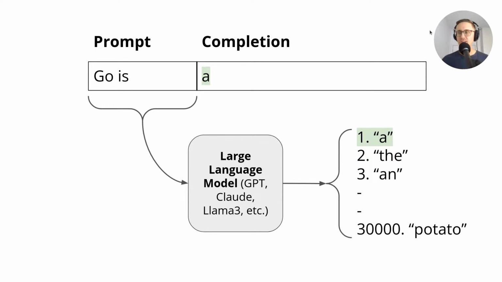So the model is taking those first two words, Go is, and it's computing a probability for every other word or every other token or subword that it knows about. And then it's looking at the most probable of those and adding that as its first token or word in the completion.